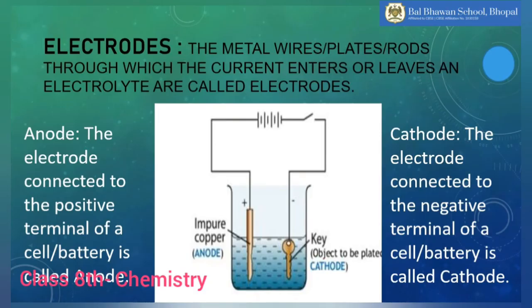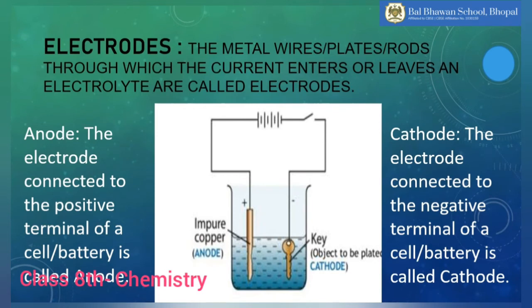For the process of electrolysis or electroplating, we need electrodes. What are electrodes? They are the metal wires or rods or plates through which the current enters or leaves an electrolyte. The electrodes are of two types.